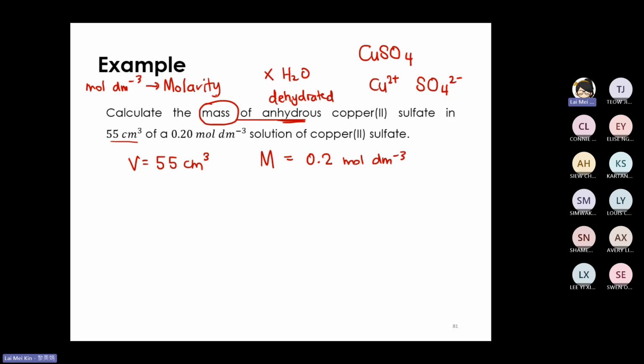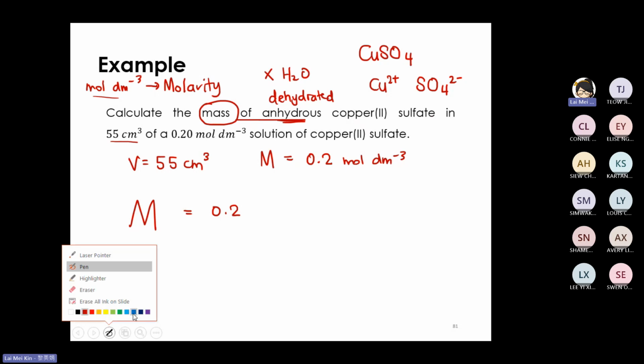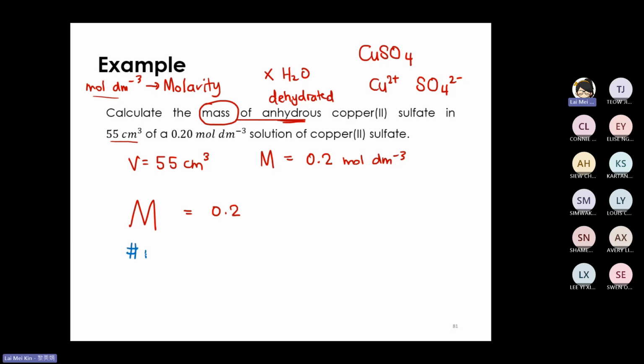So if you hear me speaking about molarity, it means I'm talking about the concentration in mole per decimeter cube. So concentration is 0.2. Concentration is number of mole divided by volume. You get 0.2.